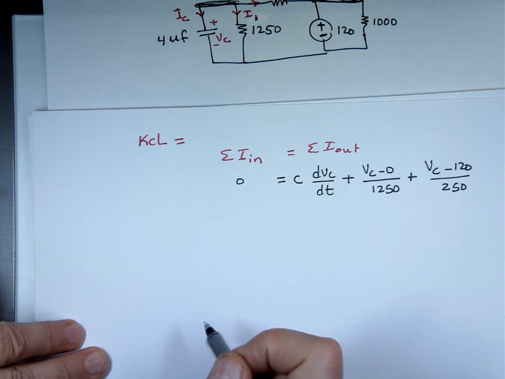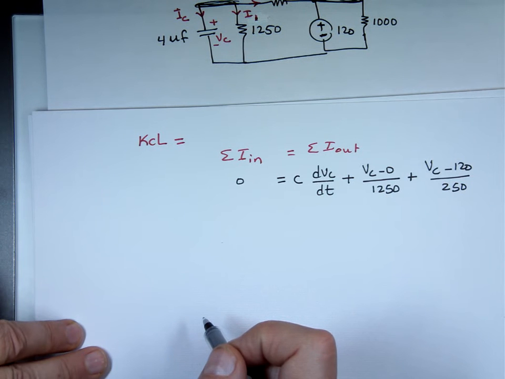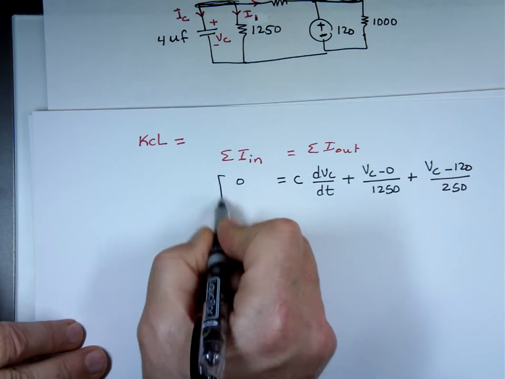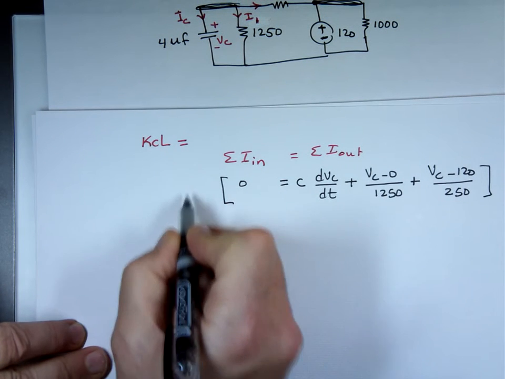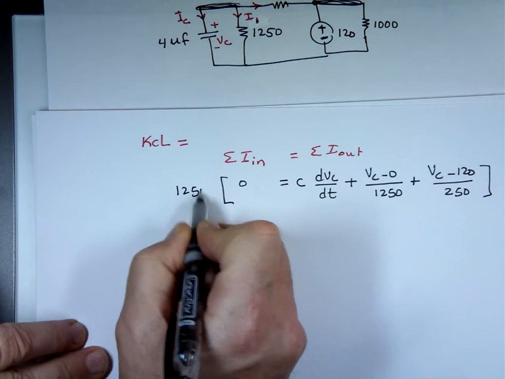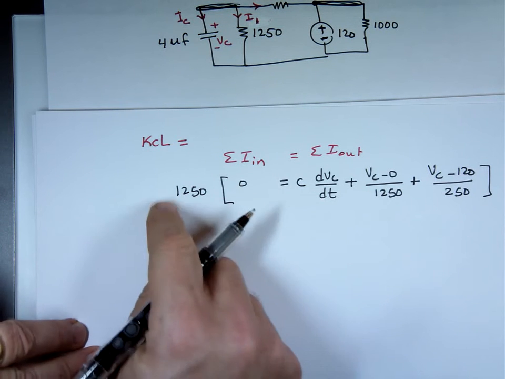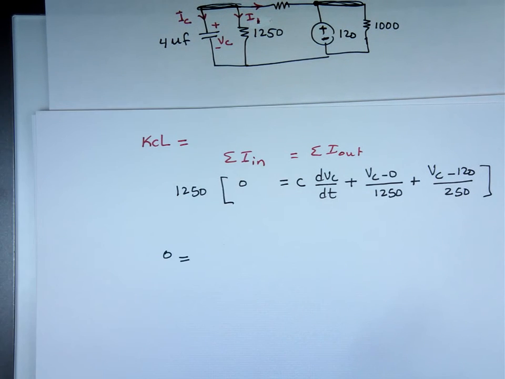Now, let's multiply by 250, and C, by the way, is 4 micro. So let's multiply everything by 1250. And what's 1250 times 0? It's 0. What's 1250 times 4 micro?